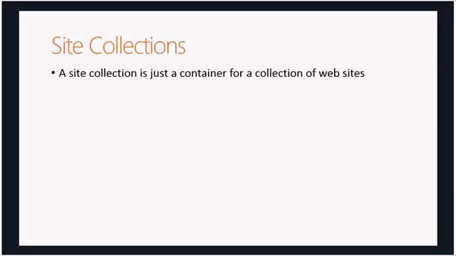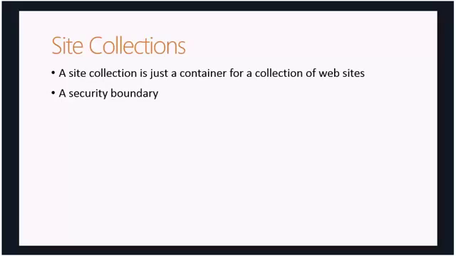A site collection is the very top container when we start talking about SharePoint. A site collection is simply a container for a number of SharePoint sites. So think of the site collection as a collection of SharePoint sites. You can also think of it as a security boundary. So you can use that to determine which users have access to this collection of information inside it.